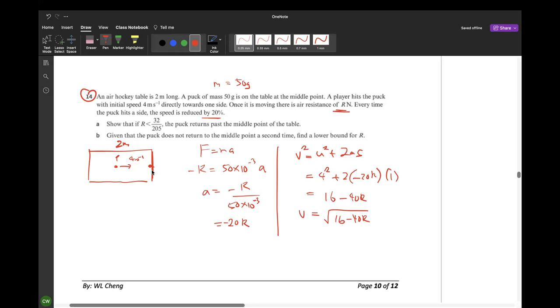When it bounces back, how much energy does it have? Reduced by 20%. It means after bouncing back, what is the speed? Reduced by 20% means it has 80% of before, because it bounces back at 80% of before.